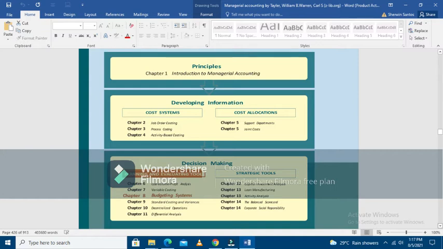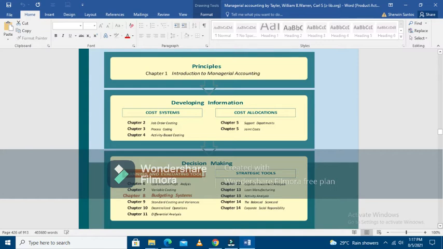Some parts will be a repetition of what you have already learned, and some will include an advanced study or a deeper understanding of the decision, planning and evaluation tools like the cost volume profit analysis or break even analysis, and variable costing. You have already identified that in some of your managerial accounting subjects.